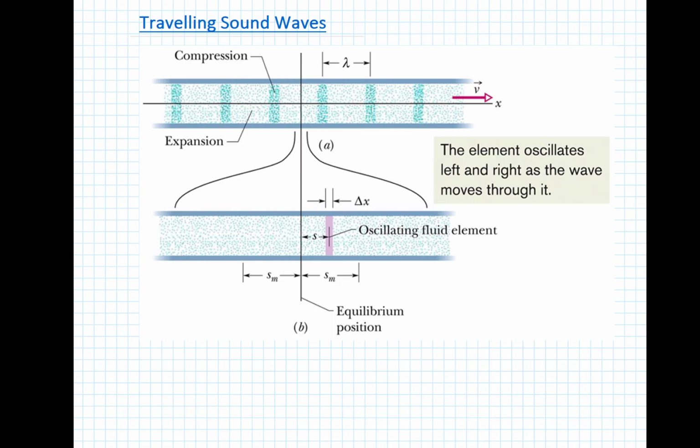So this sound wave is traveling to the right, perhaps from a speaker source on the left side. And we can see the wavelength is lambda between the positions of the points of compression.